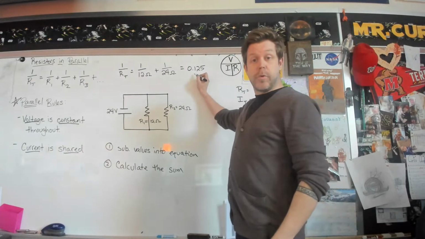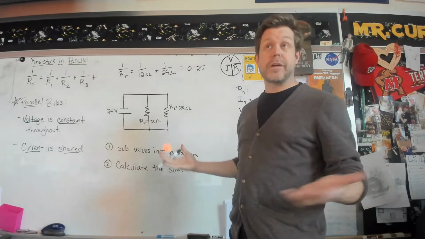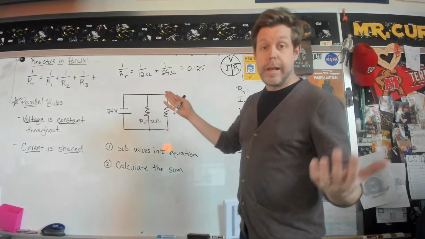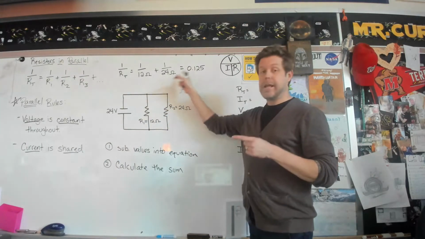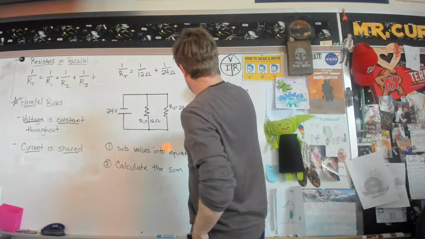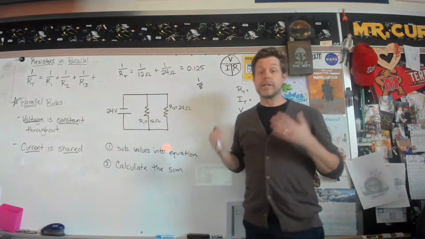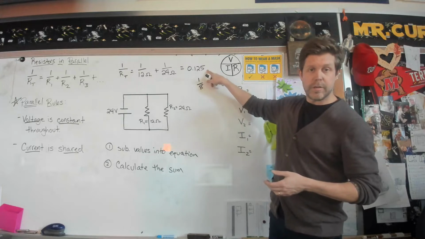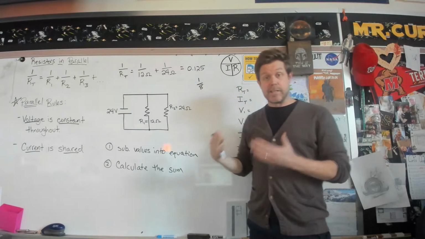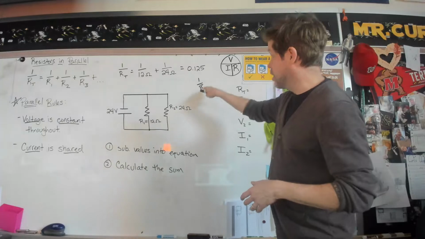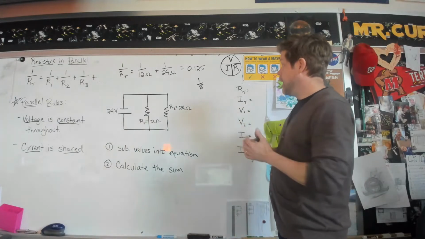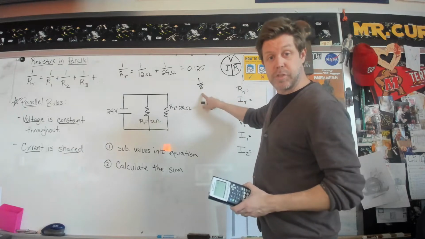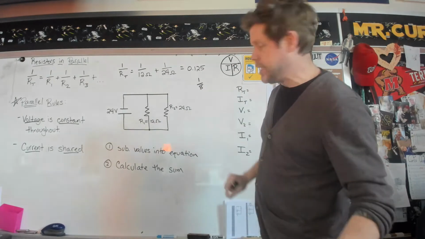So I got 0.125. And perhaps your calculator is set up in that mode, and you got this. And great. Now, if you put that in and you got 1/8, that is also exactly correct. These two numbers are equivalent to one another. 0.125 is the decimal format for 1/8. So we're going to look at this both ways. I'm going to start with 1/8 because I think it's a little bit easier.